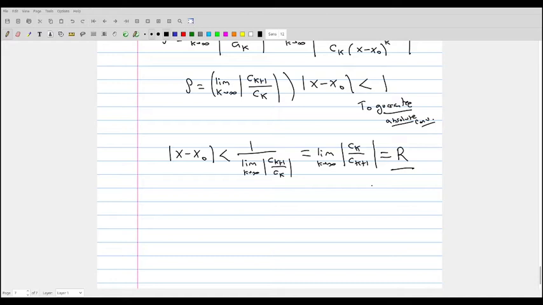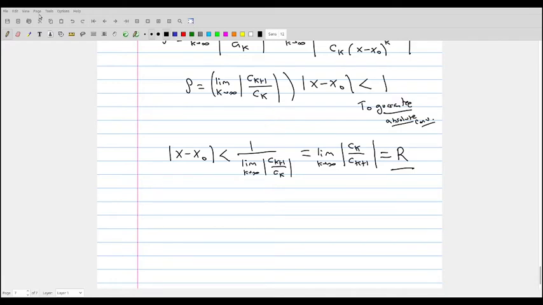So the last thing that we want to talk about in this lecture is what happens when we take the derivative or integral of either side of a given power series expression.